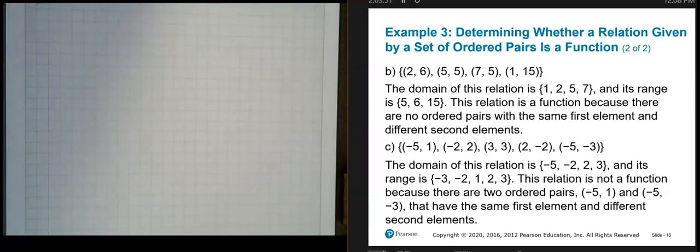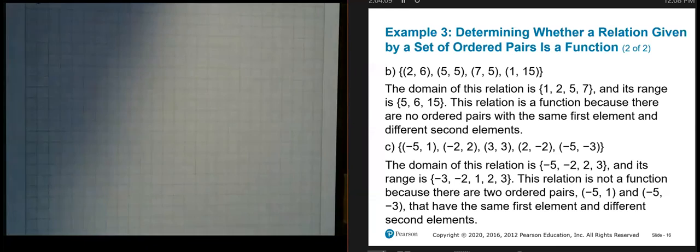If the X value repeats, it should repeat with the same Y value. On letter C, -5 shows up twice as an X value, and the Y values are different. So that makes it not a function. It still has a domain and range. It's just not a function.